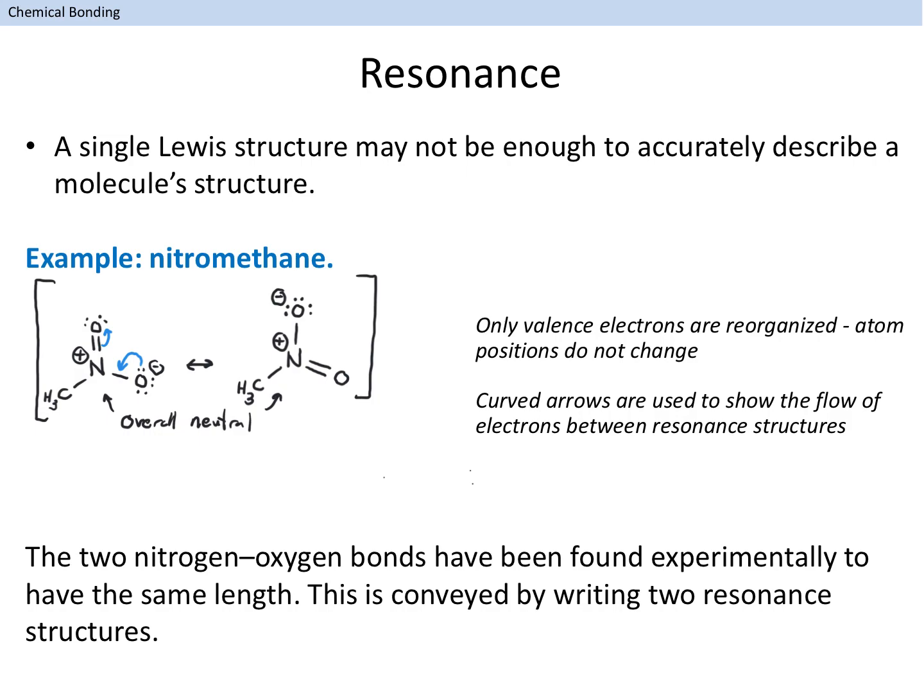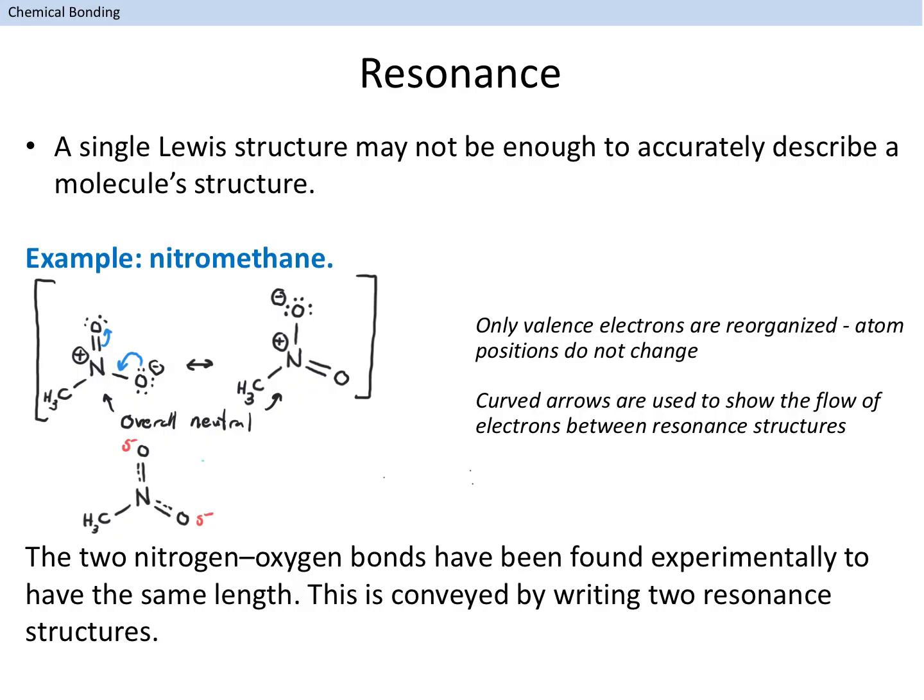For example, the resonance structures we have drawn show that both oxygen atoms have a partial negative charge, rather than one being -1 and the other being neutral. Our resonance forms also hint that the true structure of nitromethane should have the same nitrogen-oxygen bond lengths, rather than one being shorter than the other, because of the presence of a separate double and single bond.